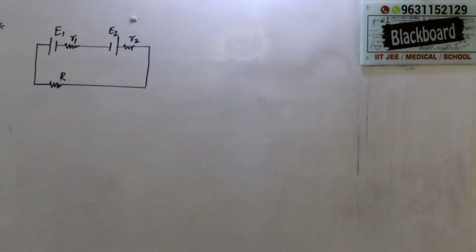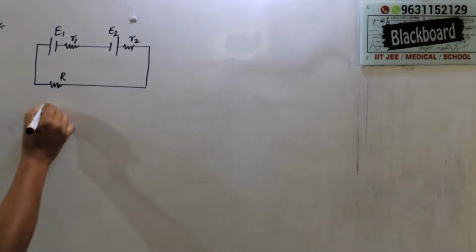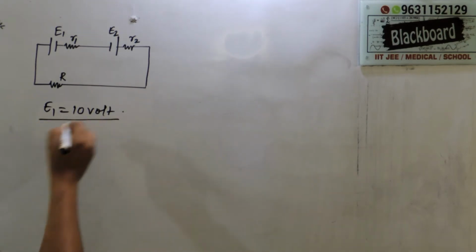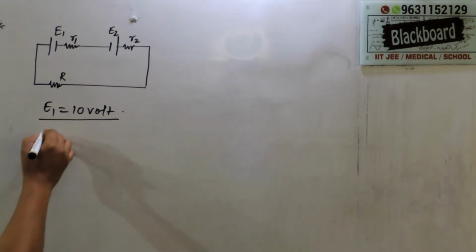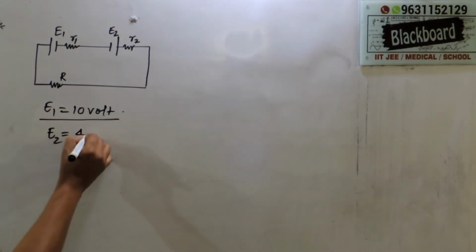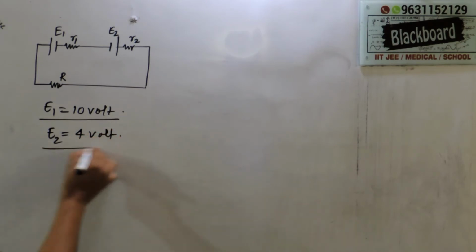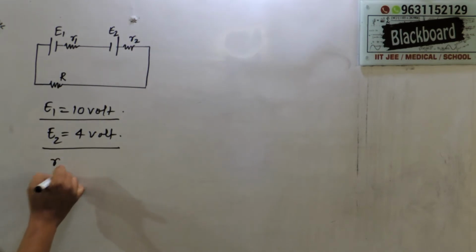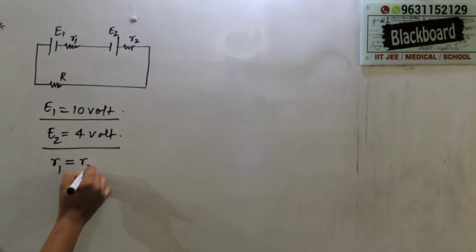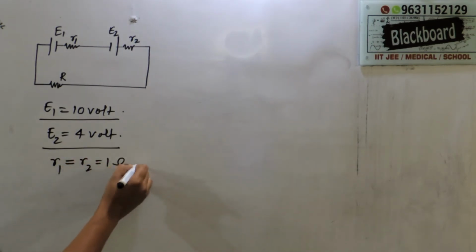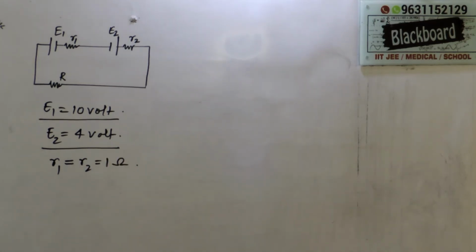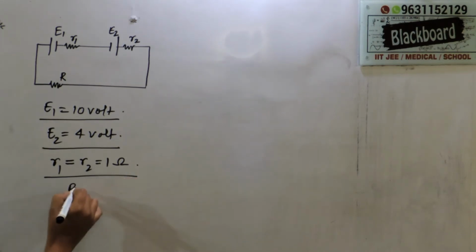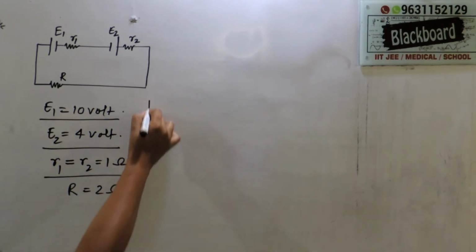Now in this circuit shown in the figure, E1 is 10 volt, E2 is 4 volt, and R1 and R2 are internal resistances of the batteries. R1 is equal to R2 is equal to 1 ohm, and the external resistance of the circuit is 2 ohm. That means R is equal to 2 ohm.